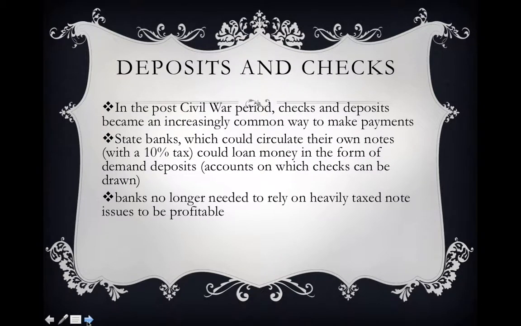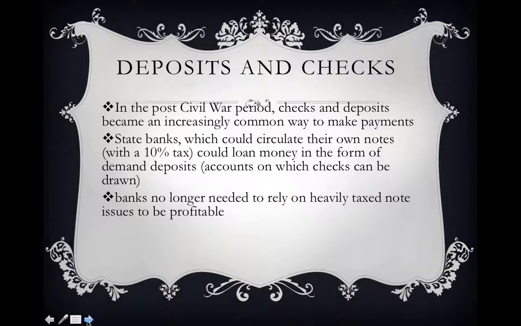We also see the development of checks, depositing and checking system in the United States. All right, and the development of checks in the United States was a way that the state banks could circulate and make loans without actually circulating banknotes.